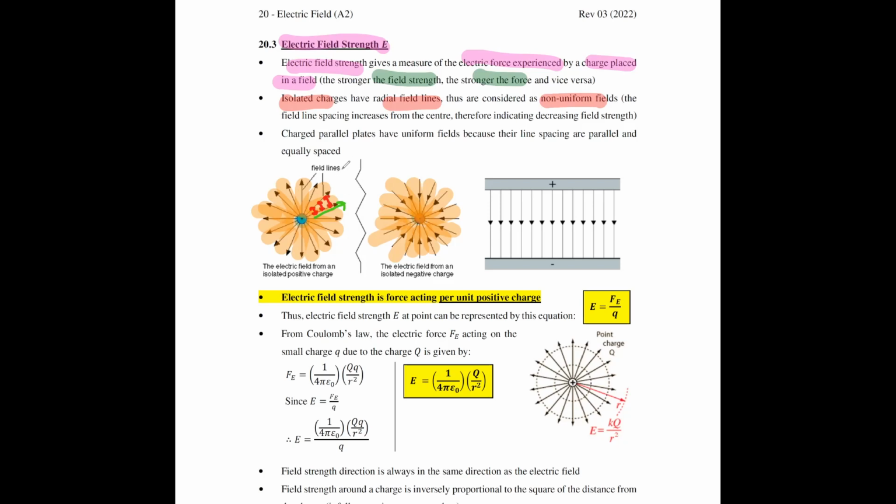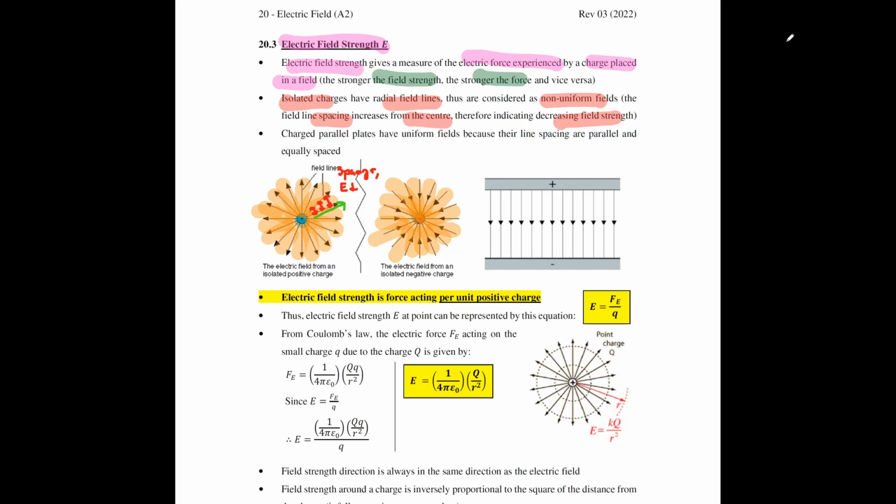This tells you that your field strength is decreasing with distance from the center of your sphere. The same can be said for your isolated negative charge. Because the field line spacing is increasing from the center, your field strength is decreasing.